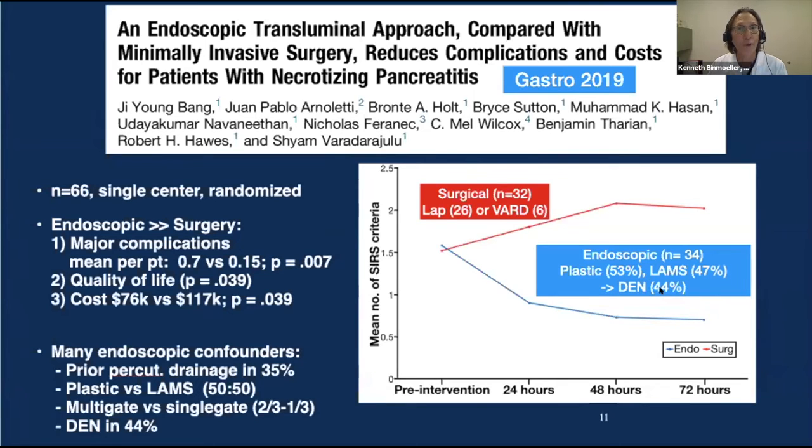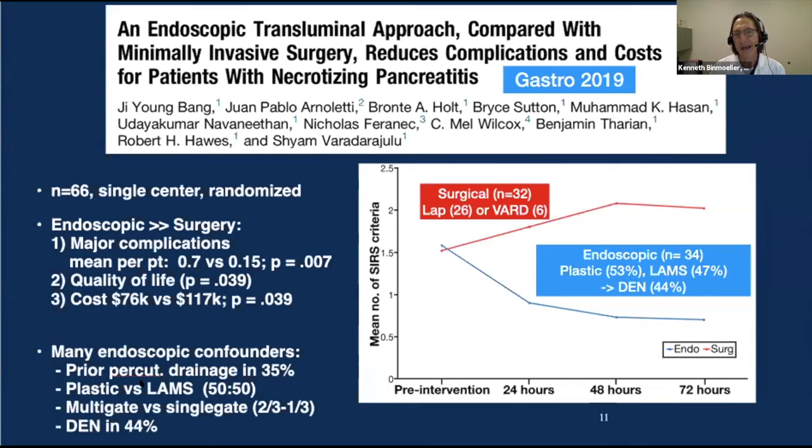It was only done in 44%, the direct necrosectomy. But they all had, of course, stent drainage. And here, the major complication rate was found to be significantly lower in the endoscopy group. The quality of life indices were significantly better in the endoscopy group, and the cost was significantly lower in the endoscopy group.